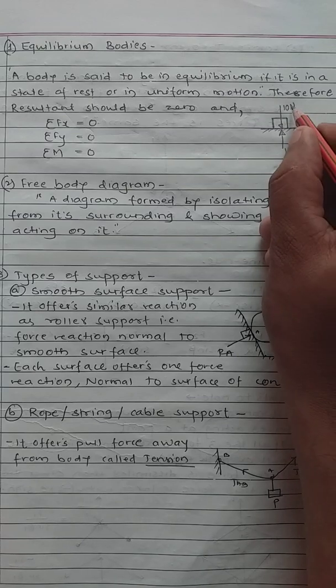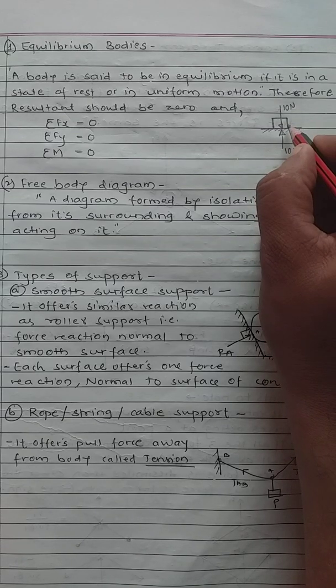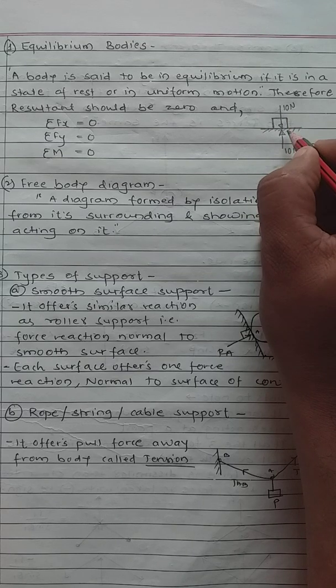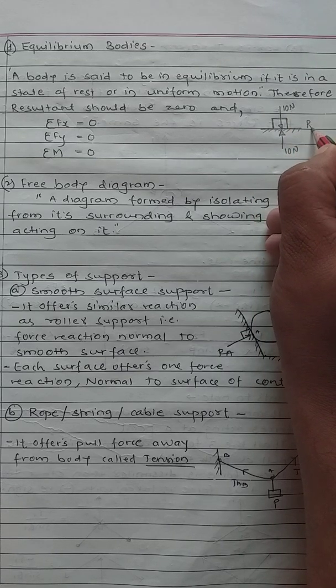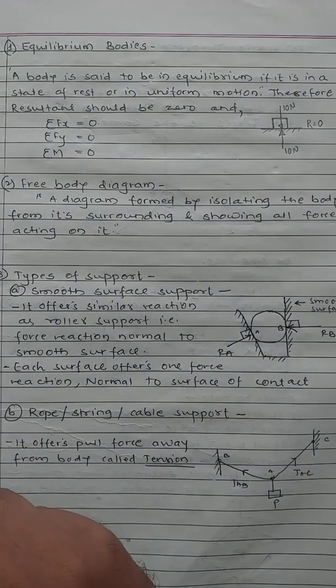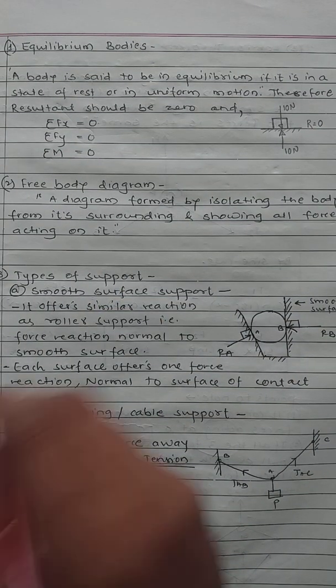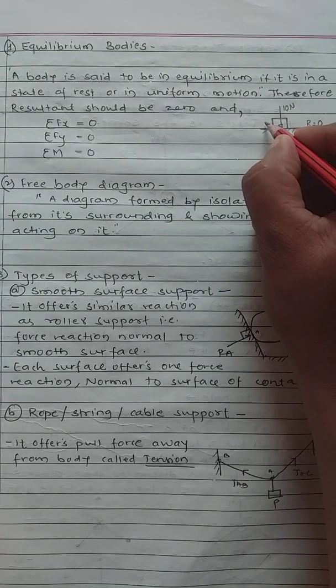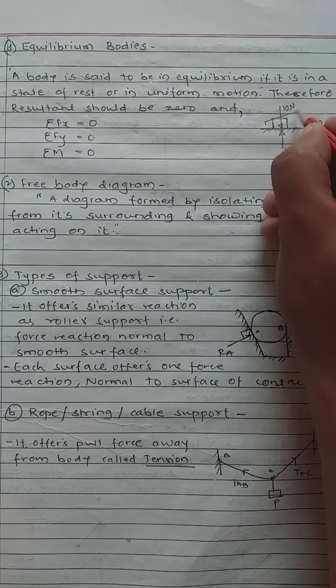So 10 newton downward, 10 newton upward. Upward will be considered positive, so positive 10 minus 10. Here the net force or the resultant is 0. In that case you can say that this mobile is in equilibrium condition.